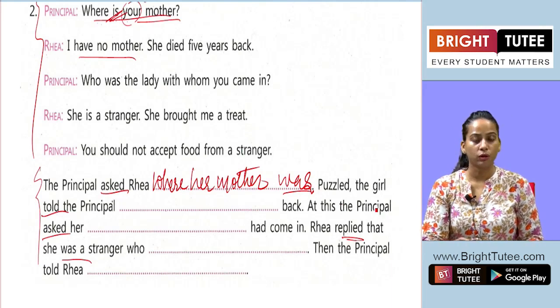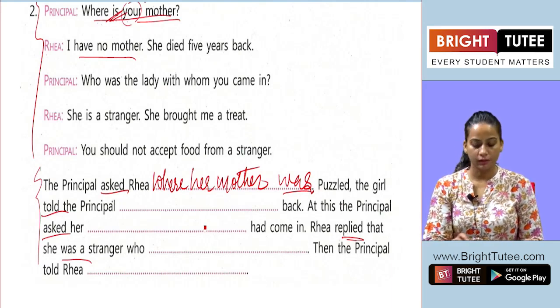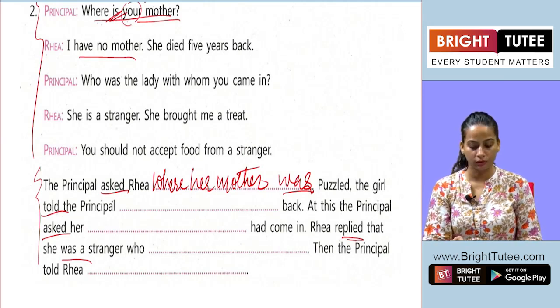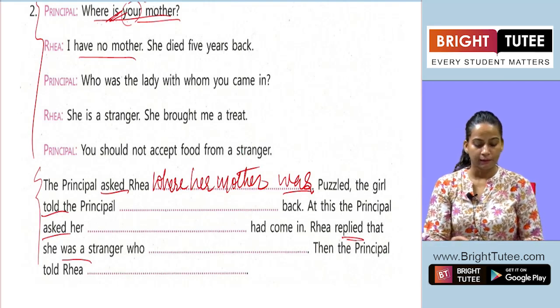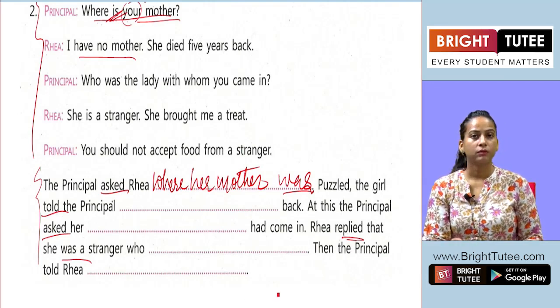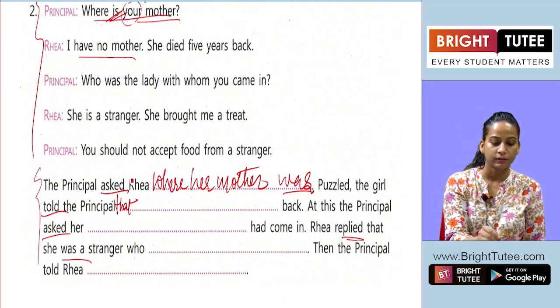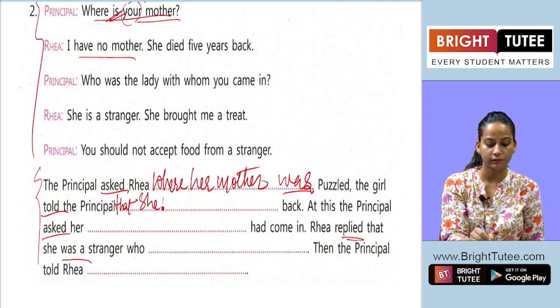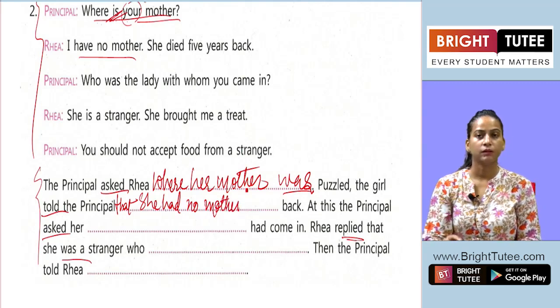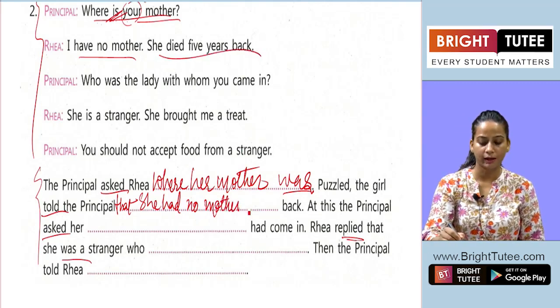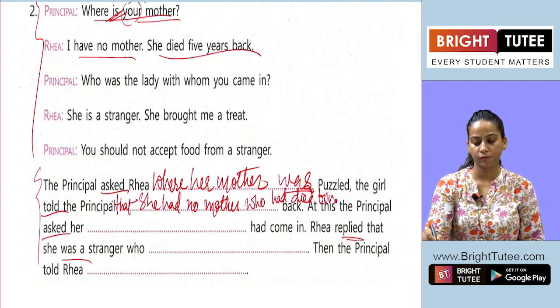Puzzled, the girl told the principal. She, here the next sentence we are going to write down. The puzzled girl told the principal that she had no mother. She had, so we have to write down, told the principal that, according to this will change, she had no mother. Again here, according to this, who had died 5 years back.